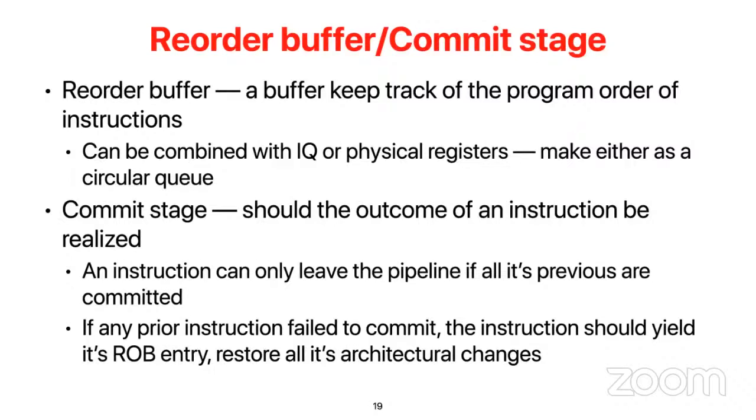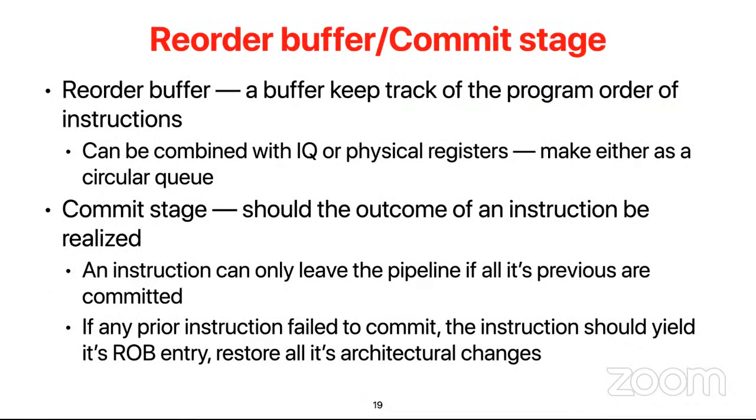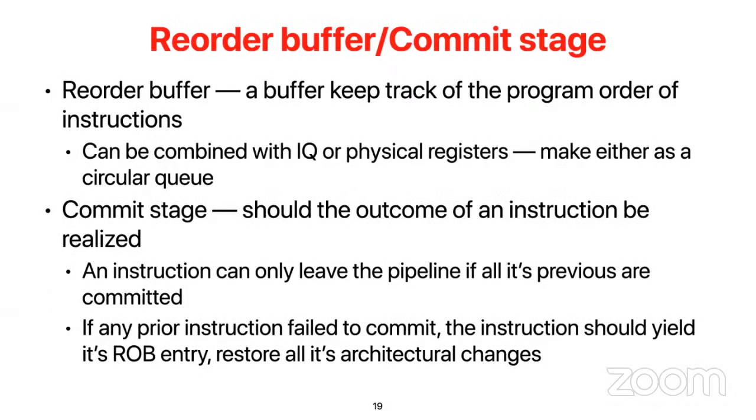If any prior instruction failed to commit, the instruction should yield its ROB entry and restore its architectural change. In other words, if an instruction failed to commit, say an exception occurs or a branch is mispredicted, every entry after it in the circular queue of the reorder buffer should be cleared, and all the architectural and physical registers that have been occupied or changed by those instructions should be cleared. So that's the basic idea of the reorder buffer and commit stage.